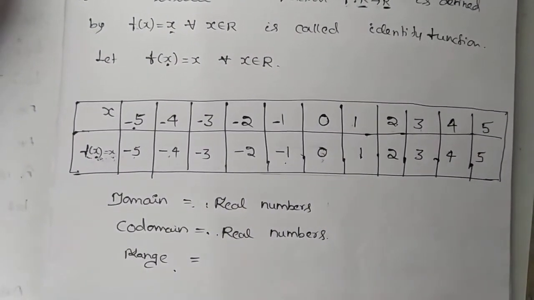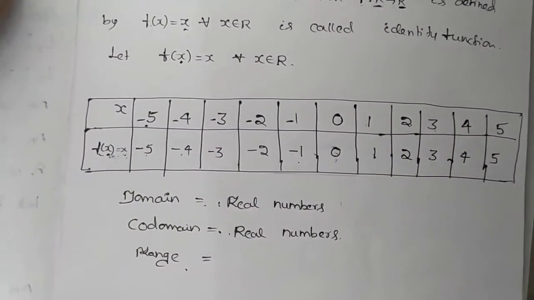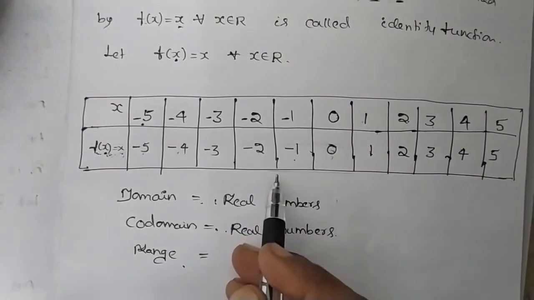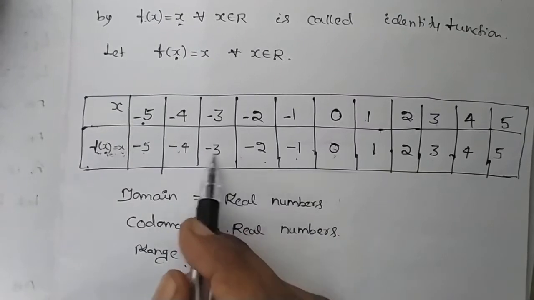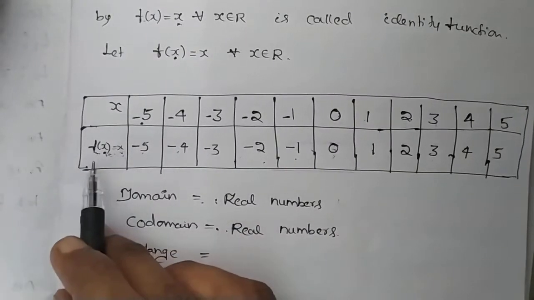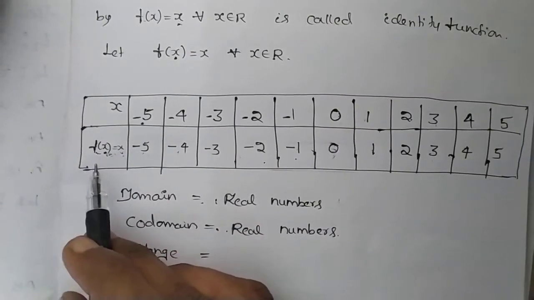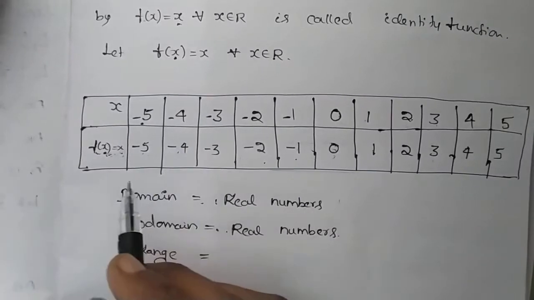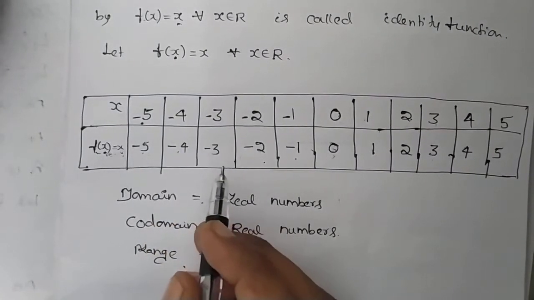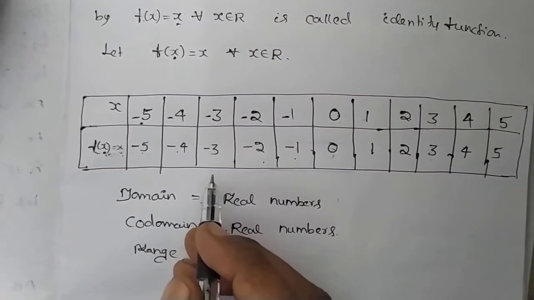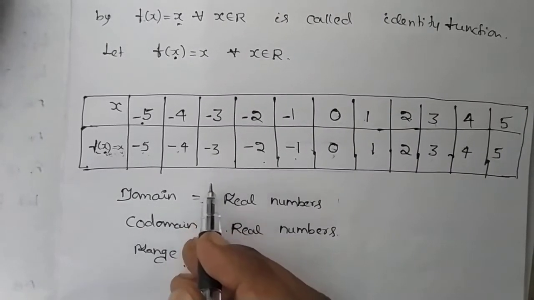You just name these numbers: 0, 1, 2, 3, 4, 5, 6 and so on, minus 1, minus 2, minus 3, minus 4, minus 5, minus 6, minus 7 and so on. Just remember the concept called the number system.